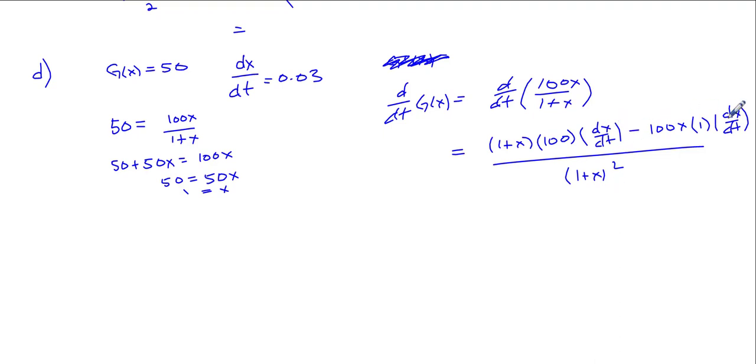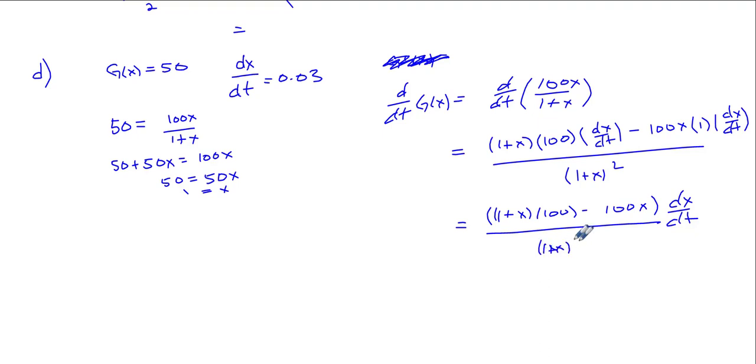Okay, you can factor out dx/dt if you want to. So you can have 1, or dx/dt I mean, minus 100x times dx/dt. And honestly, we can just leave that on the outside of the fraction because it's in the numerator as a product. Move it outside the fraction, that's fine. 1 plus x squared.